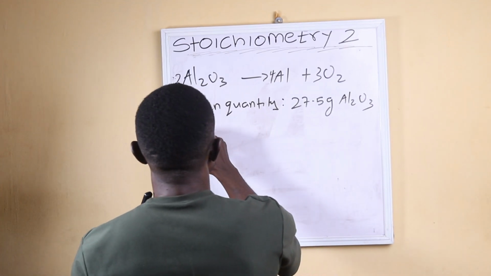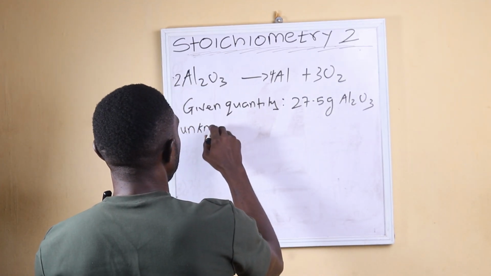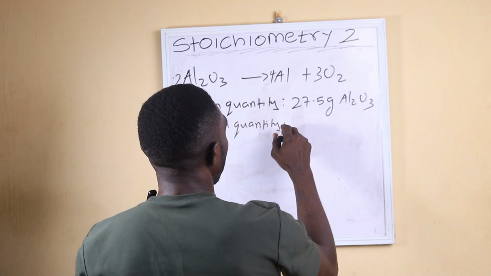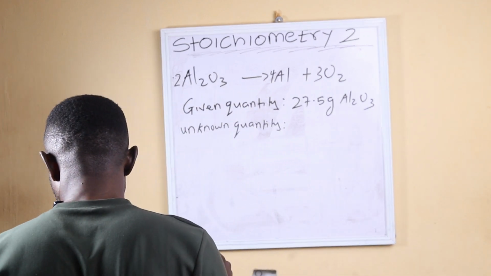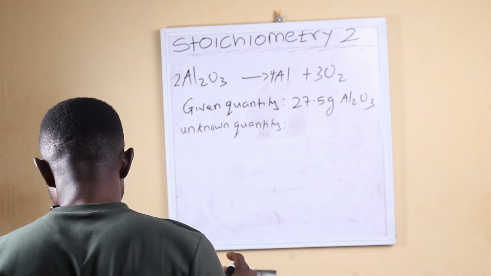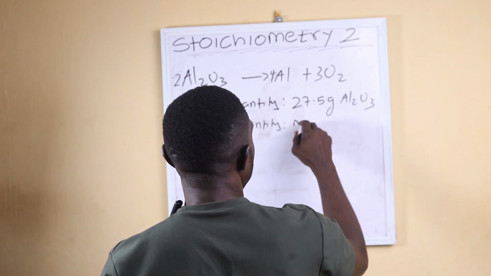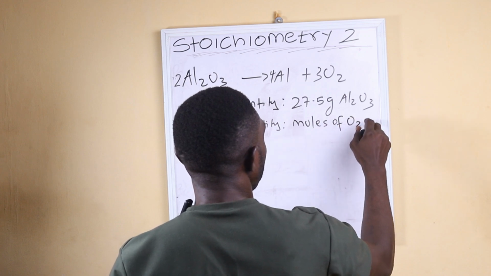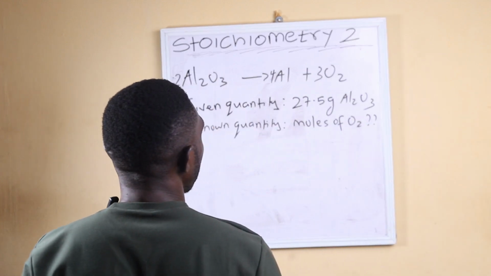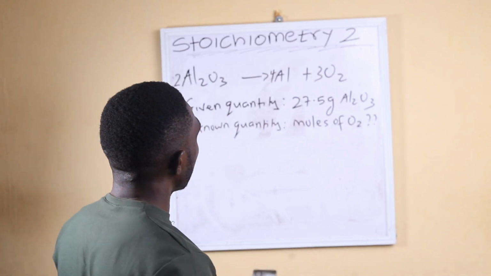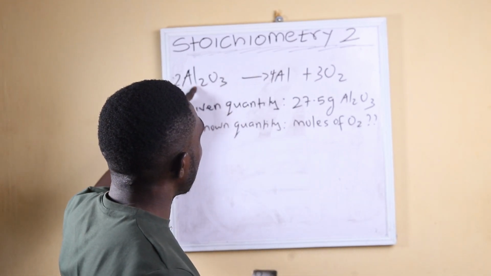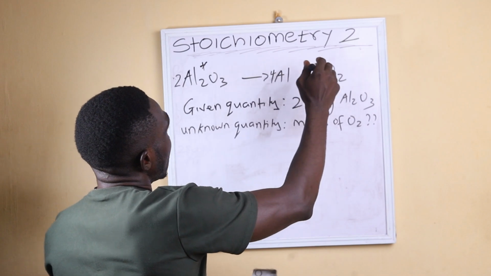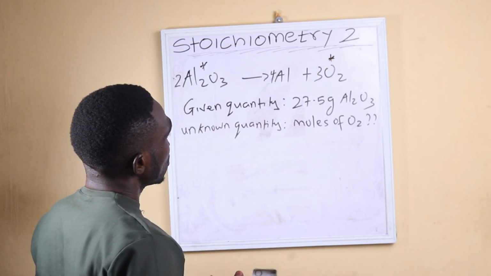And the unknown quantity here is moles of oxygen. That's the unknown quantity here. So this particular stoichiometry connects aluminum oxide with oxygen. So therefore, I'm going to put an asterisk on aluminum oxide, and an asterisk on oxygen.